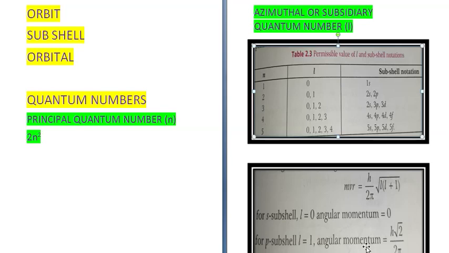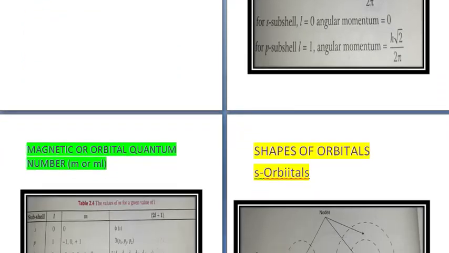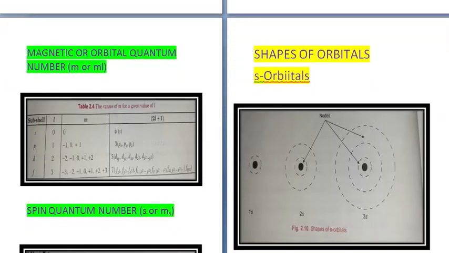So this quantum number helps to explain the lines of the spectrum. I told you in the previous video about the lines of the spectrum, the Lyman series, Balmer series, Paschen series, Brackett series, Pfund series. They can be explained by using this quantum number.